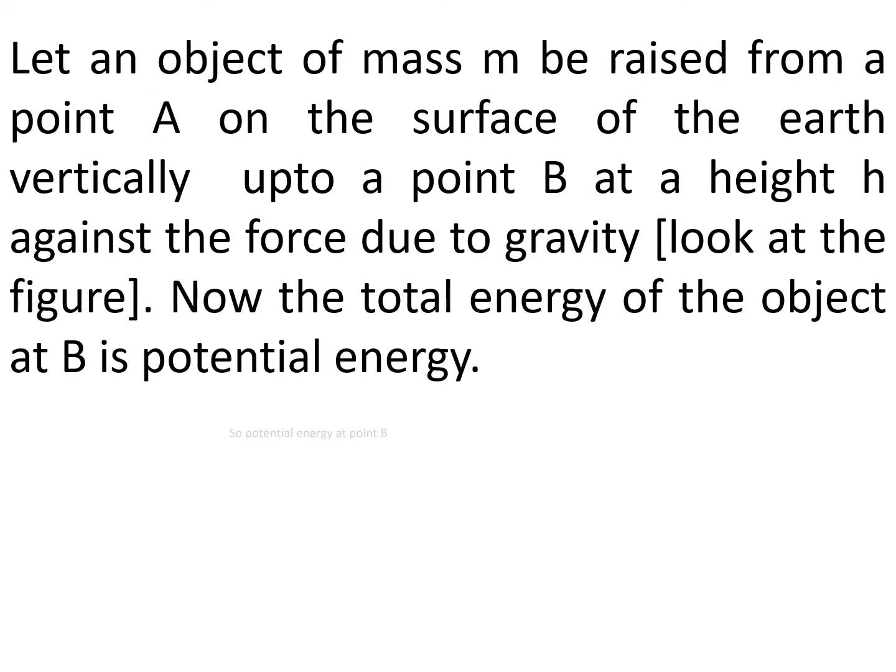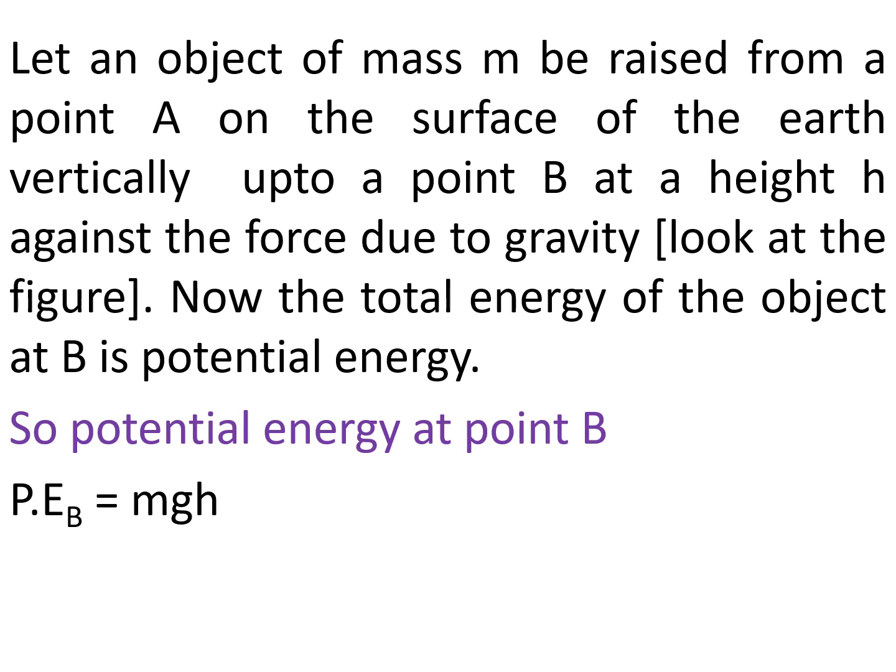Now, dear students, let an object of mass m be raised from a point A on the surface of the earth vertically up to a point B at a height h against the force due to gravity. Please look at the figure again. The total energy of the object at B is potential energy.